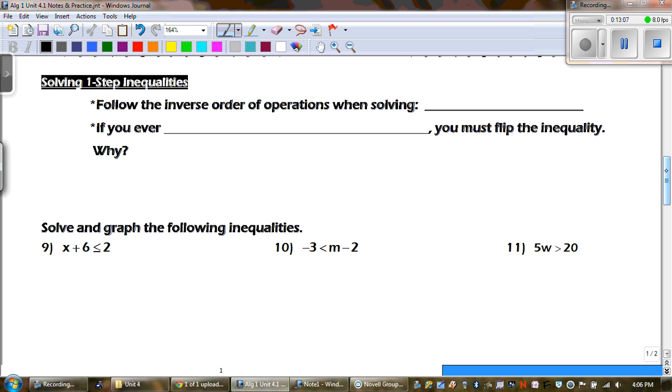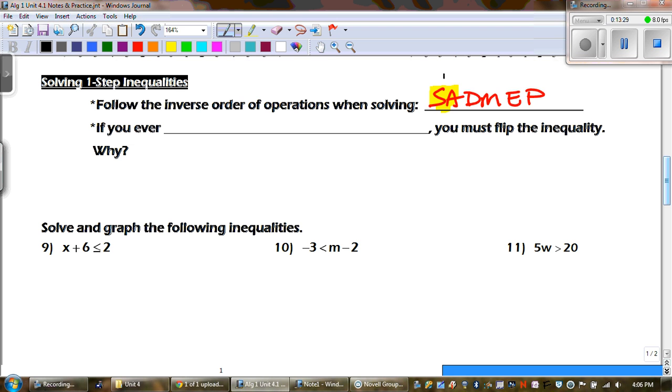Solving one-step inequalities. Now, we have to follow the inverse order of operations when solving, okay? And that is SADMAP, okay? When we're solving using SADMAP, this is what we do.